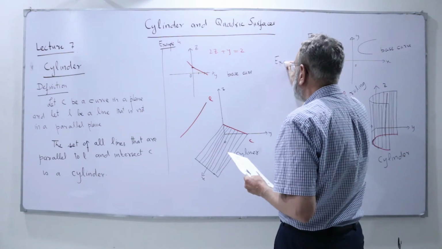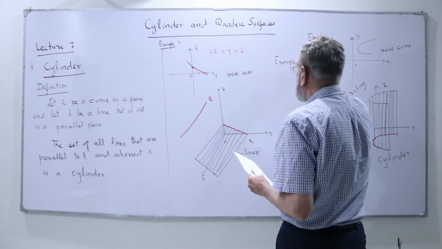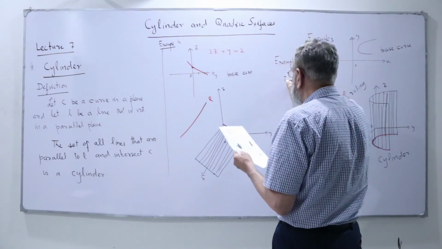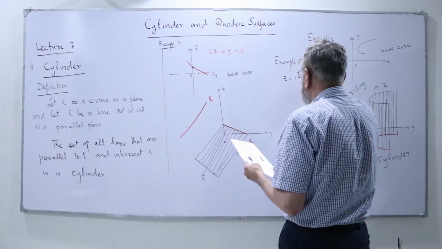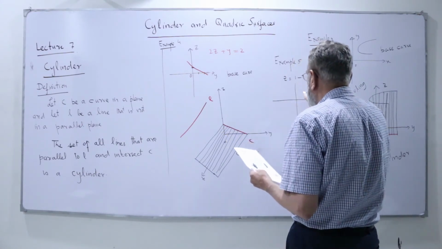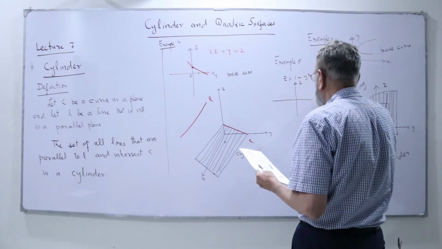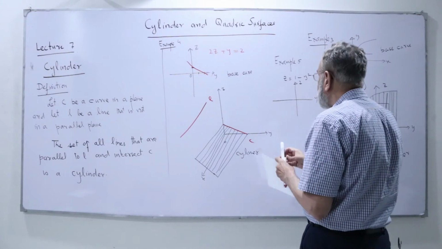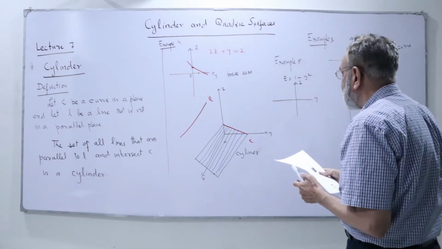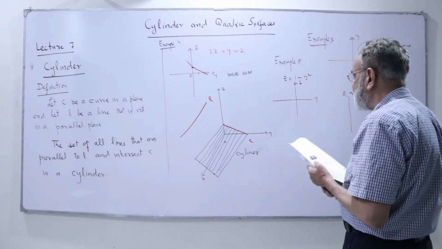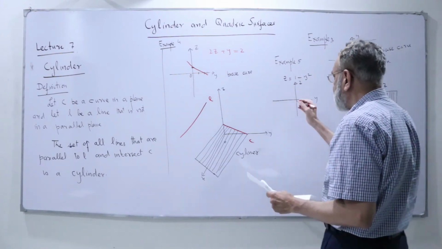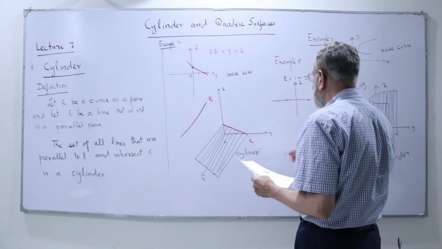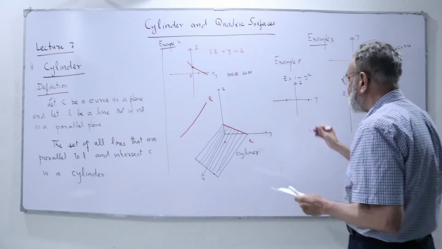Here, example 5, the base curve given to me is z equal to 1 minus y squared. This is the yz plane, this is my z-axis, and this is my y-axis. If I draw my curve, y equal to minus 1 and plus 1 gives z equal to 0, and when y equal to 0, z equal to 1.